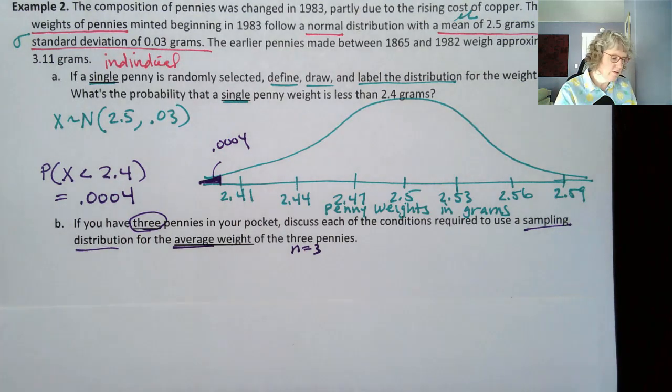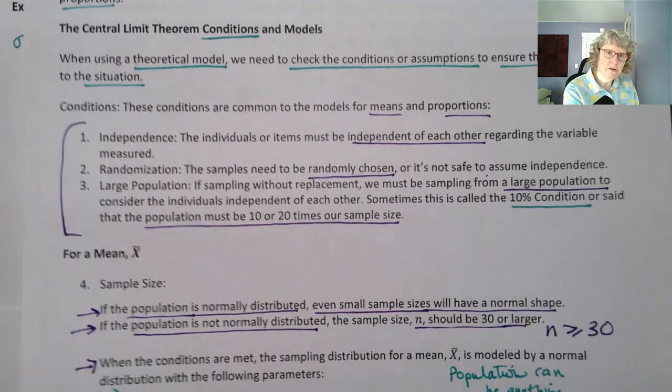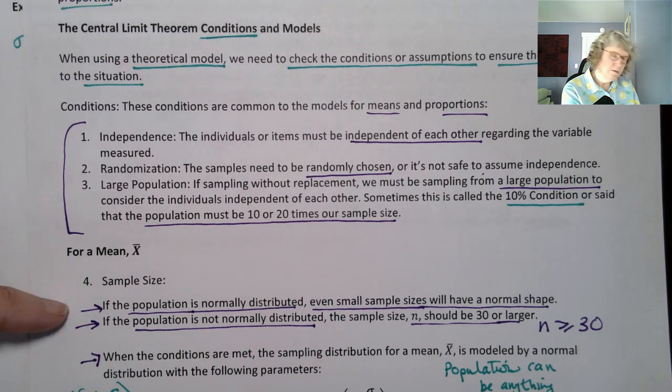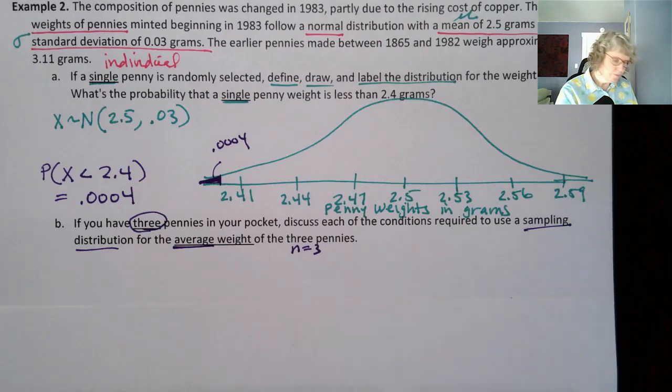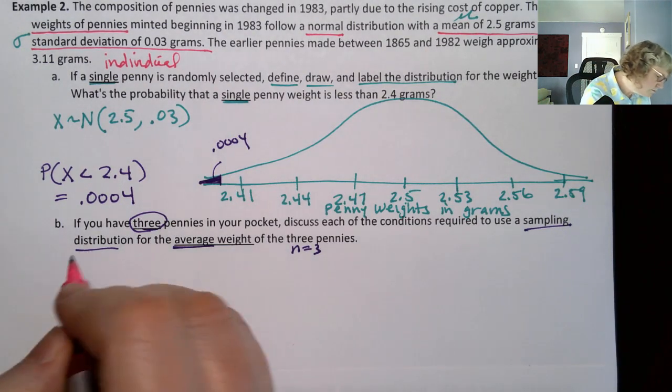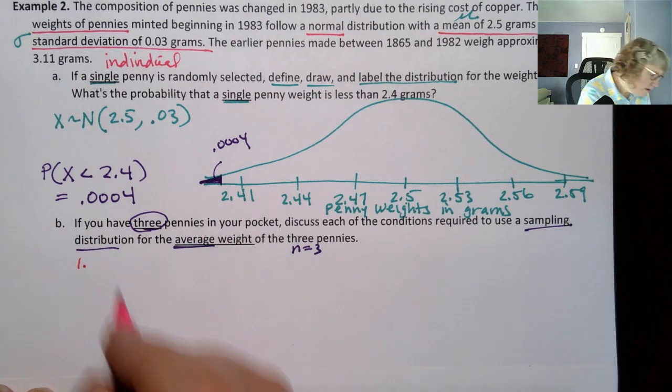So I have my conditions page out here. 1, 2, 3, and then for a mean, this time we have a mean, so we're going to do sample size. Okay, so let's start with 1, 2, 3. 1 is independence.